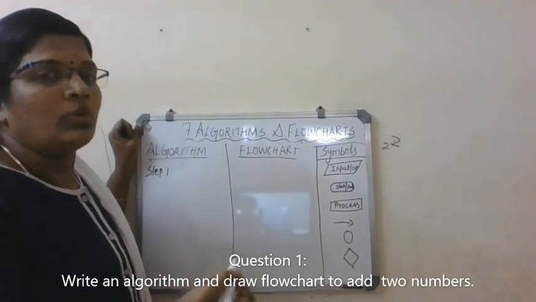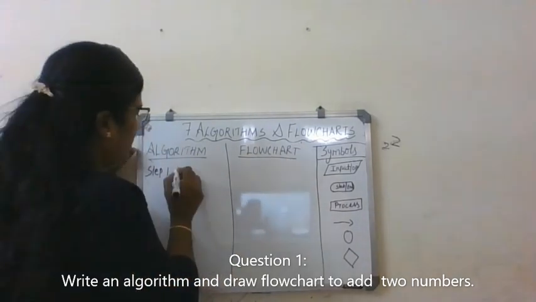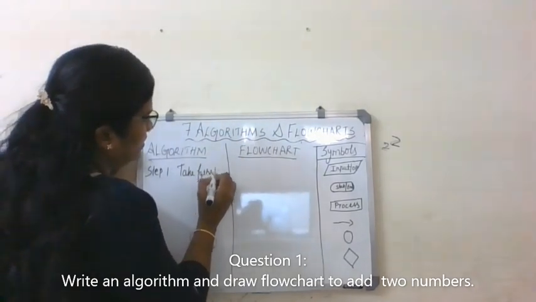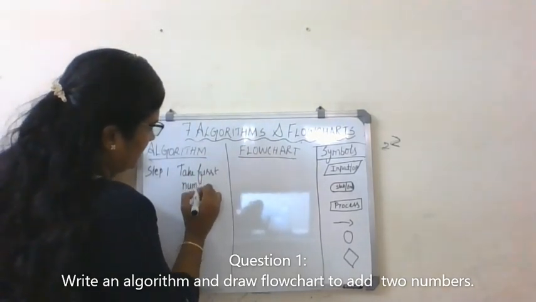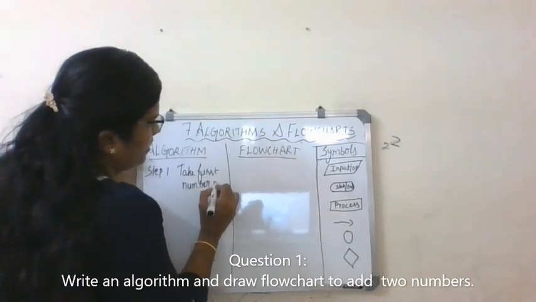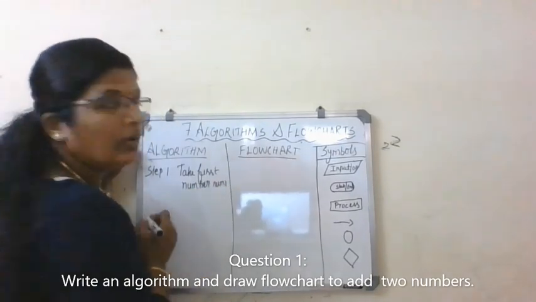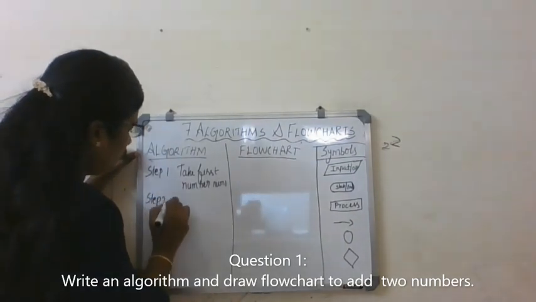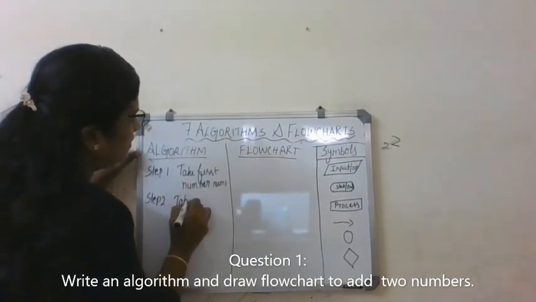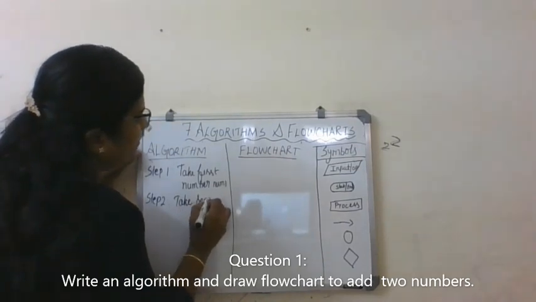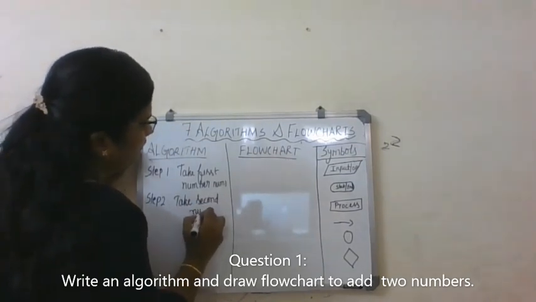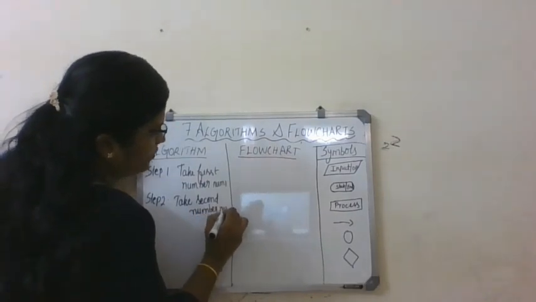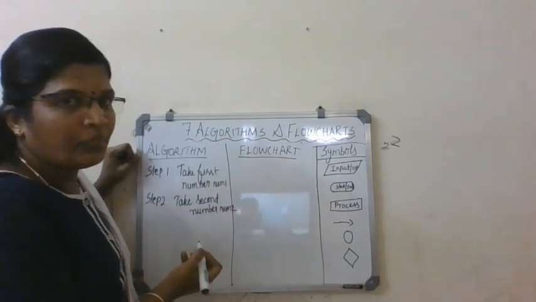First, take two numbers. Step 1: take the first number, num1. Step 2: take the second number, called num2. Then what is step 3?